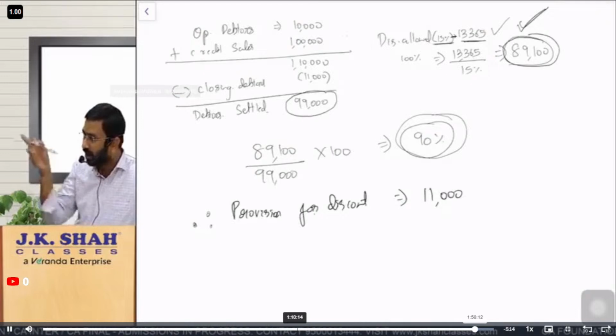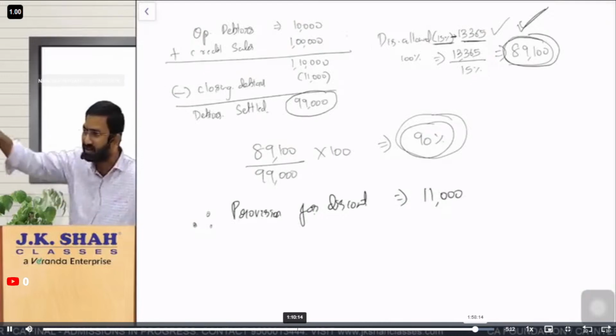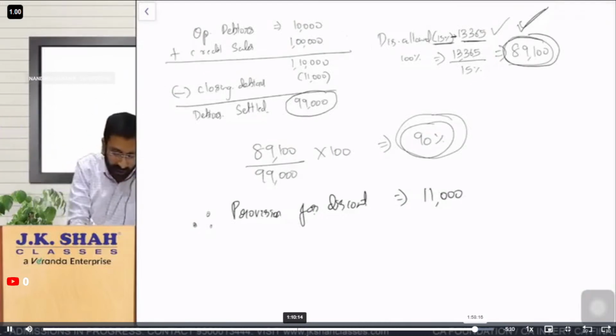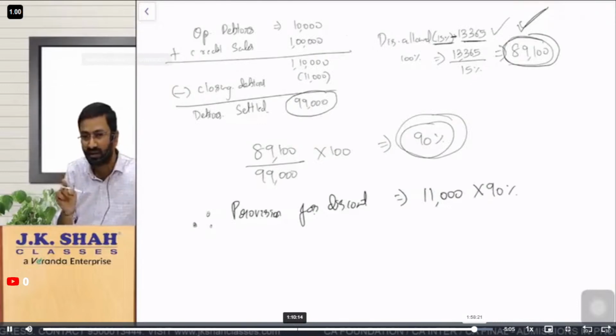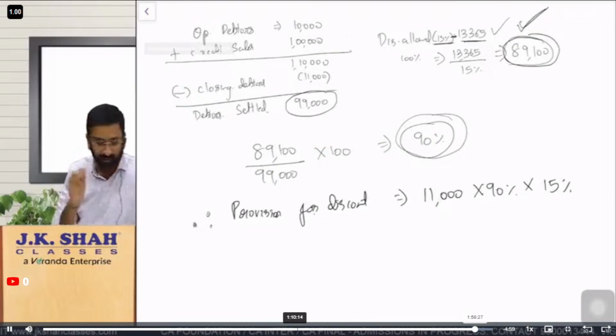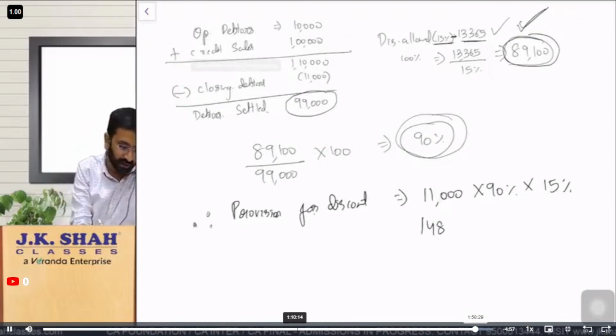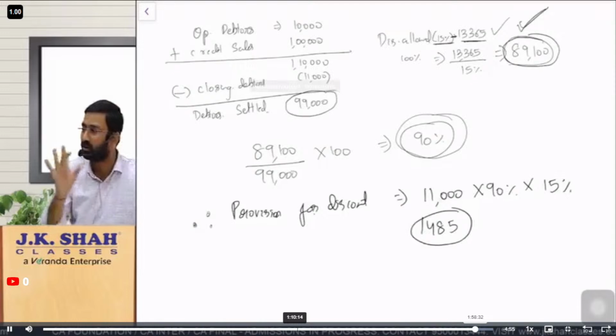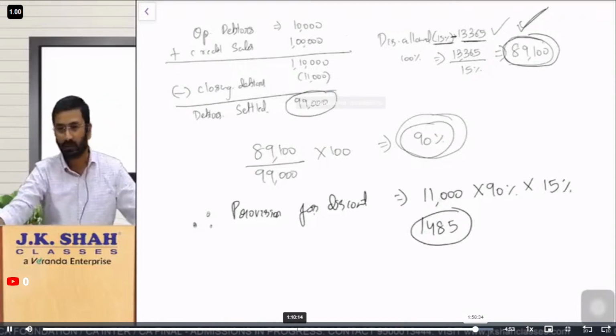No. How much of them will? 90%. We assume the same trend is going to continue. So 90% of 11,000, which is 9,900, are expected to do prompt payment, and for them we should give 15% discount. The answer is 1,485. This is the provision that you need to create for discount.